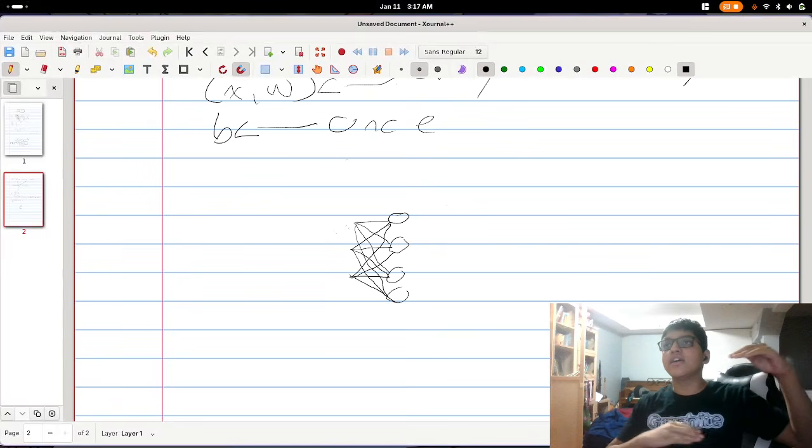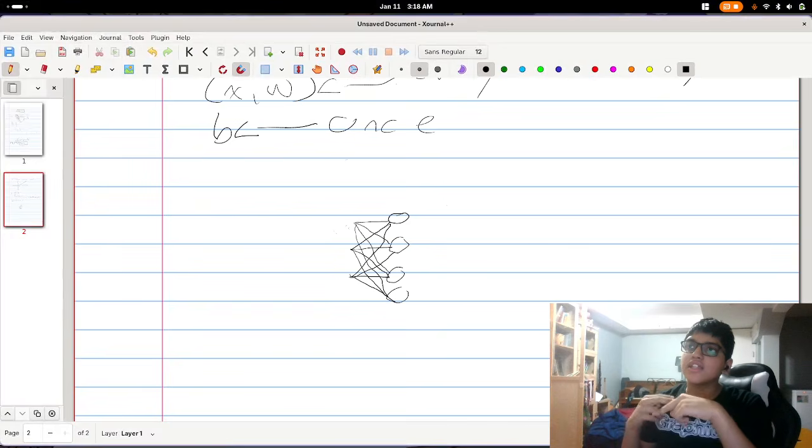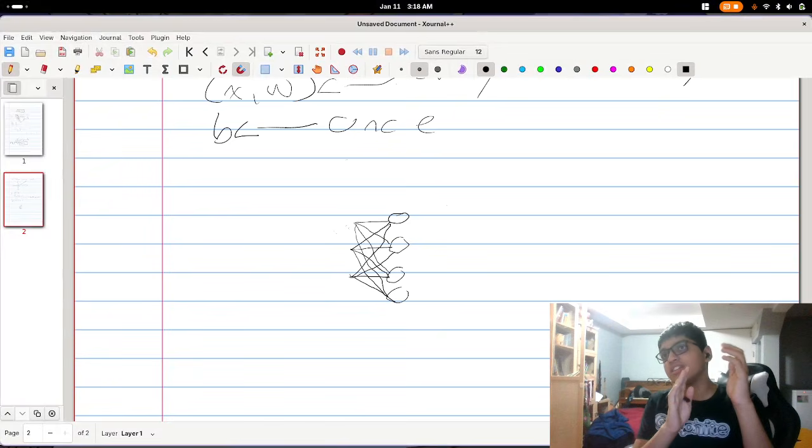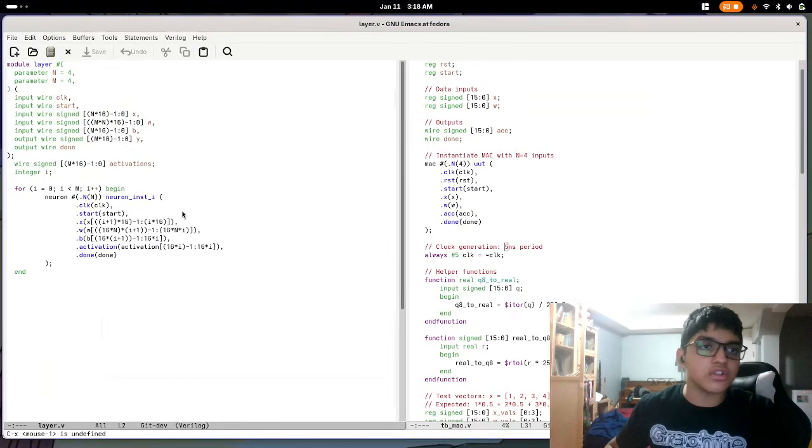Say we call the number of neurons in a layer m. We feed in m weights with every clock cycle. Then those get distributed to each of the neurons, and each of the neurons runs that multiply accumulate, and we give each of the neurons their biases at the beginning, at the initialization. I think it'll be more intuitive if I just walk you through the code.